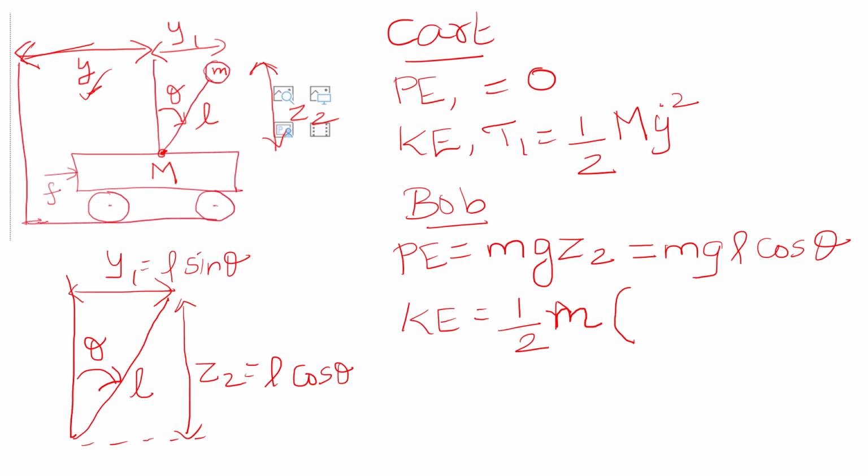Let us take the total distance from the reference to be y2. If the position is y2, then the velocity is y2 dot, so y2 dot square plus the vertical part, z2 dot square.